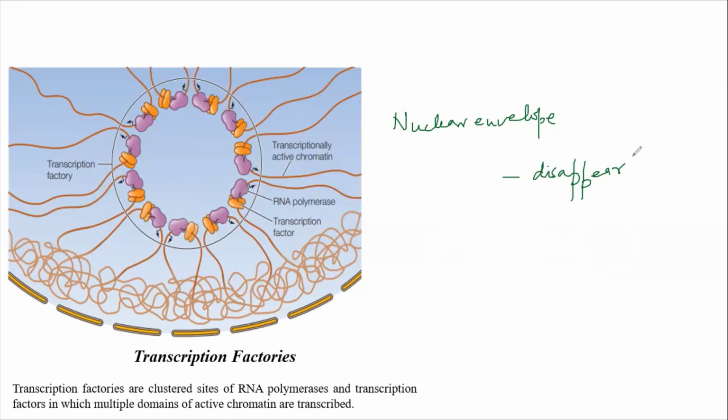So what is exactly happening there? Why have we been taught that the nuclear envelope disappears during mitosis and reappears after the cell has divided? Polymerization and repolymerization is happening. Polymerization, depolymerization of what?